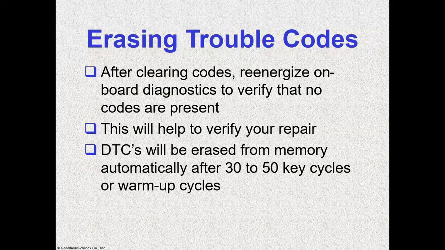So after 30 to 50 on and off, or just regular starting of the car, or the same number of warm-up cycles, that is the period the computer uses to monitor whatever issue was there to see if the problem is actually fixed. Once it's satisfied after those cycles, the code just goes and the check engine light goes out.